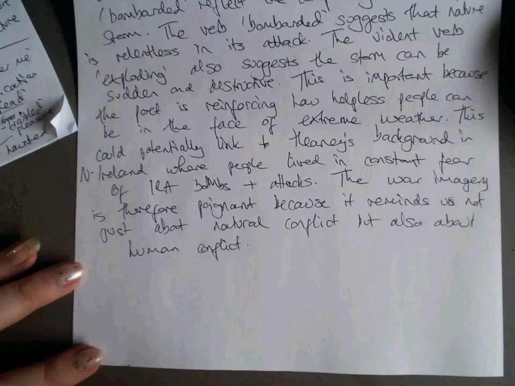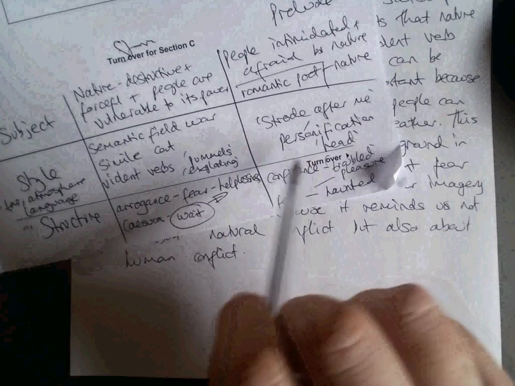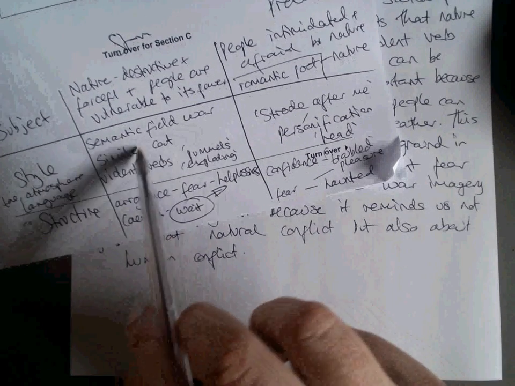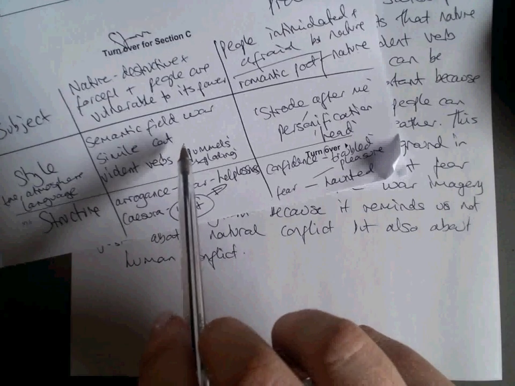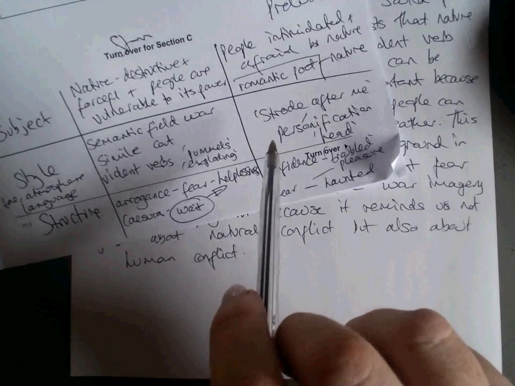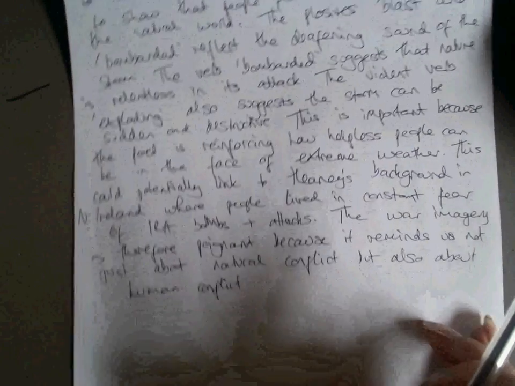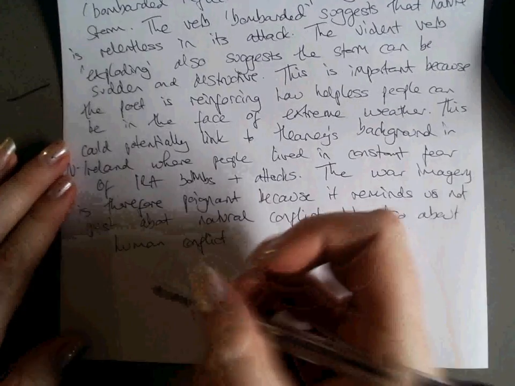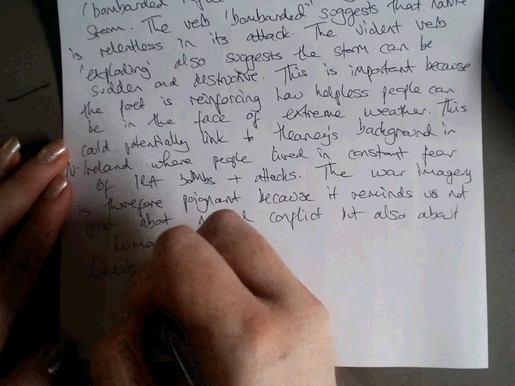So we need to make a link, and in our planning we talked about people. So here the power of the natural world is very powerful. It intimidates and can potentially damage people, can't it?